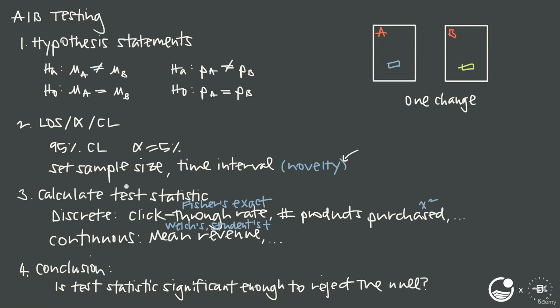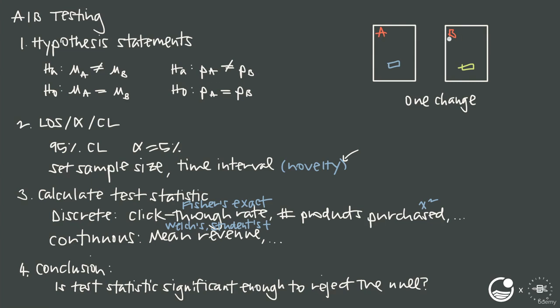But if the test statistic is significant enough to allow us to reject the null hypothesis, then we reject the null, lending support to our alternative hypothesis, which means that we have at least some support for the idea that variation B performs better than variation A. Now, remember, just like with hypothesis testing, the whole idea here is not about whether we found a better sample mean with variation B than with variation A, or a better sample proportion, like with this set of hypothesis statements.